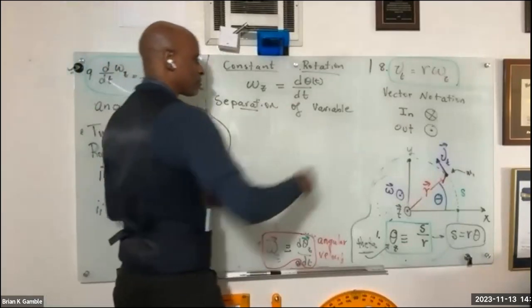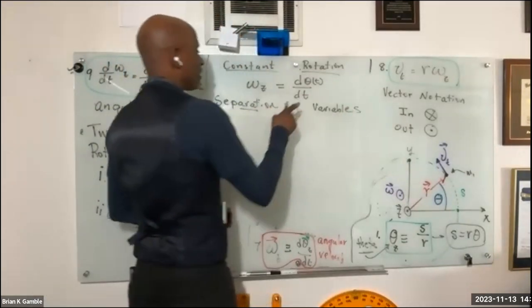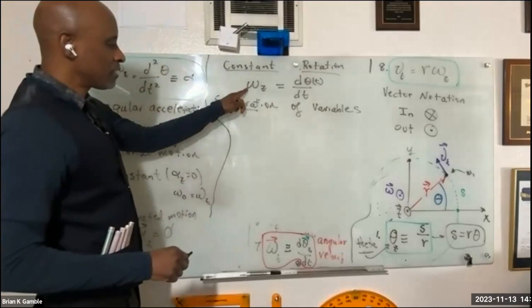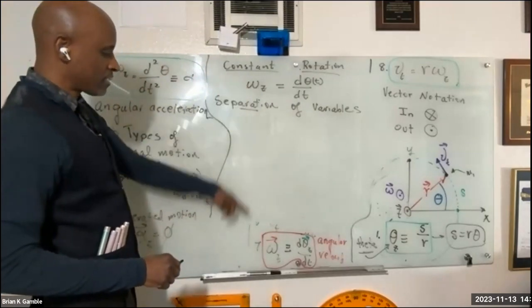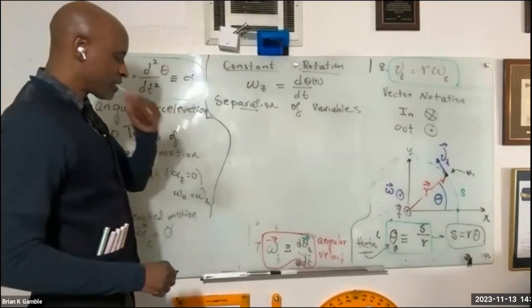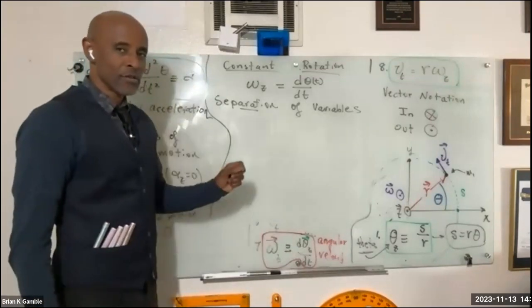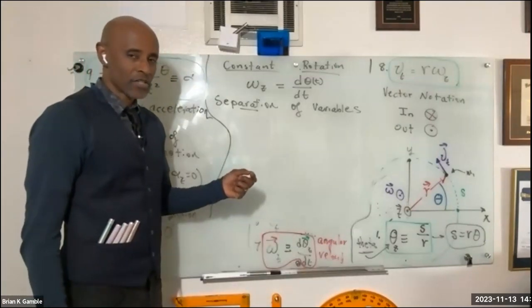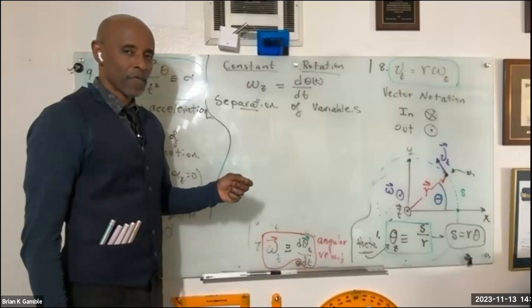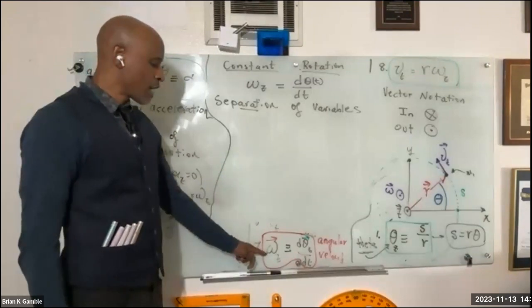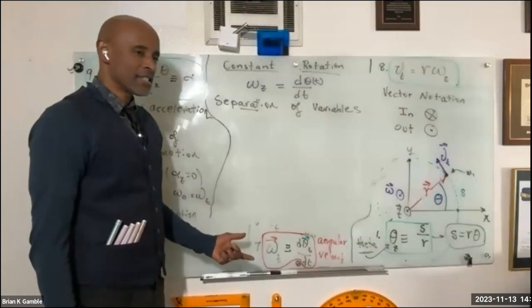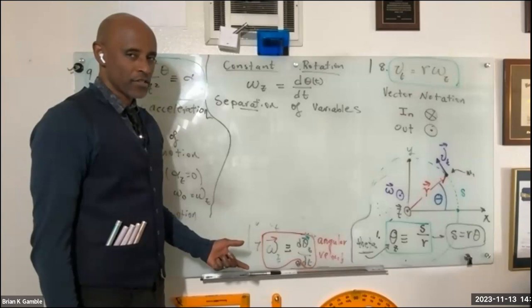Separation of variables. I didn't specify it here, did I? So theta has units of radians, but I told you that's not a unit in terms of the International System. So technically omega has units of 1/seconds.